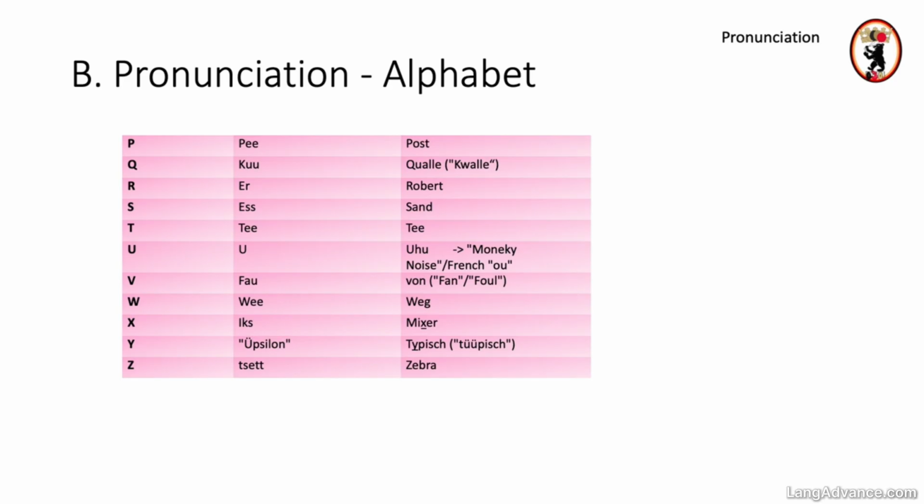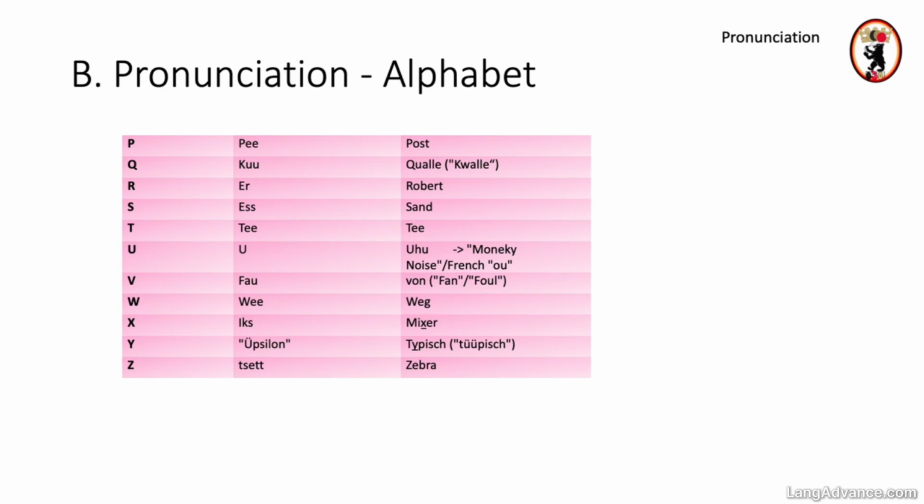We continue with P, Post, mail. Q, Qualle, jellyfish. R, Robert, and you can tell that this R is coming from the back of my throat. So it's almost as if you have something stuck there and you're trying to get it out.